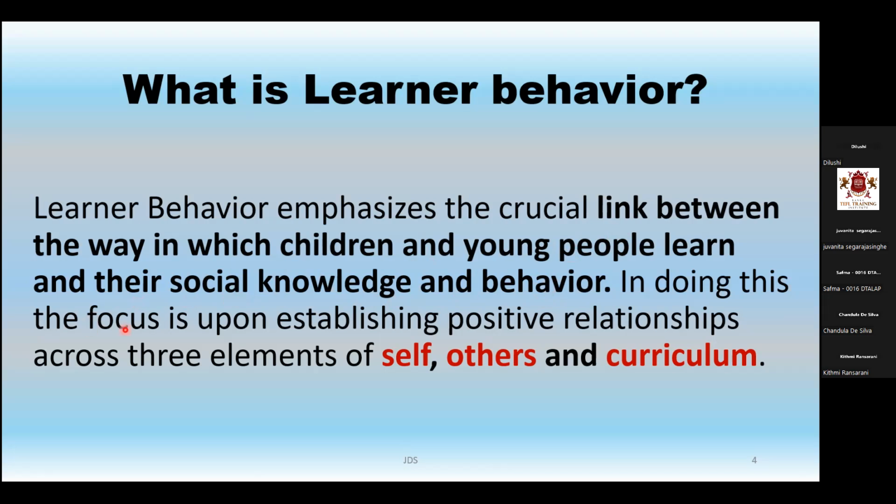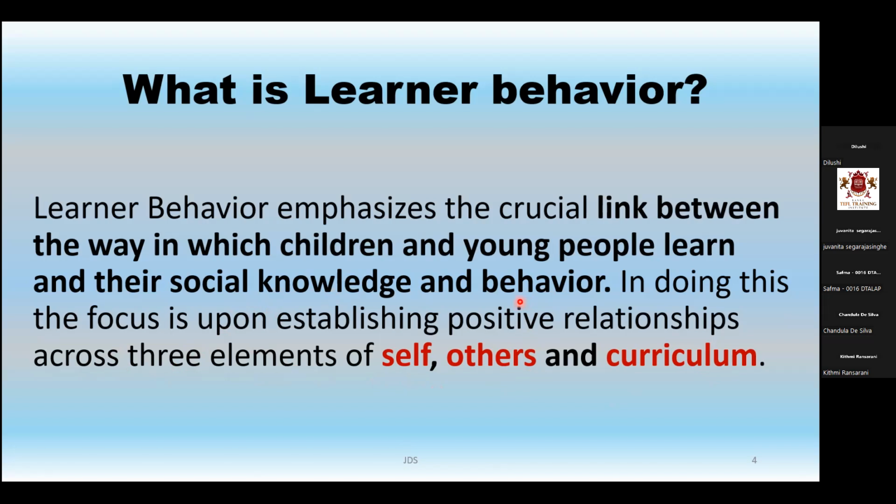In doing this, the focus is upon establishing positive relationships across three elements: self, others, and curriculum. So whenever a learner is learning, it can be some academic knowledge, it can be some social knowledge, or it can be learning the behavior itself. Right?